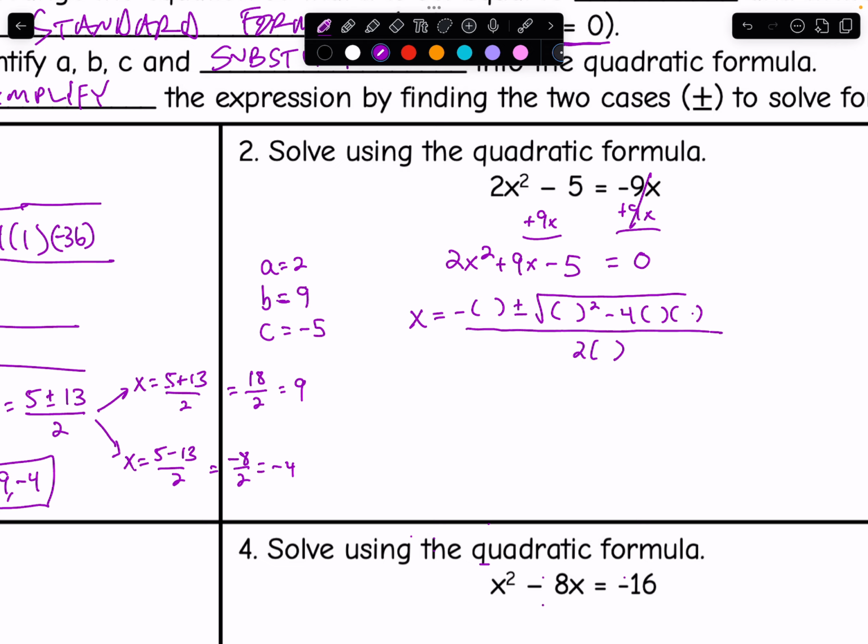So I'm going to put in my b here and here, my a here and here, and put in my c here.